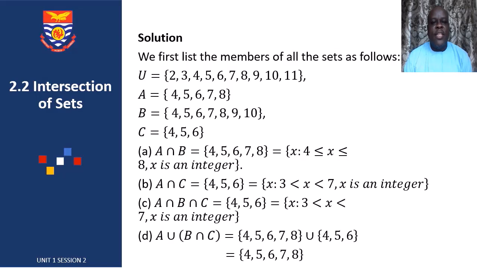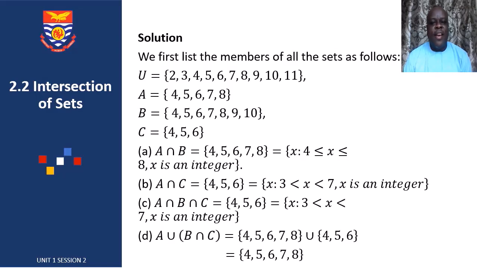Then we move to set B, and it comprises 4, 5, 6, 7, 8, 9, 10. Then finally set C, 4, 5, and 6.